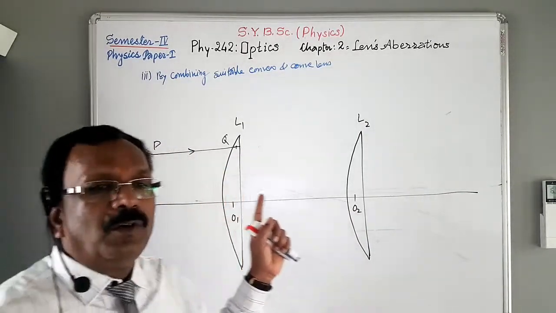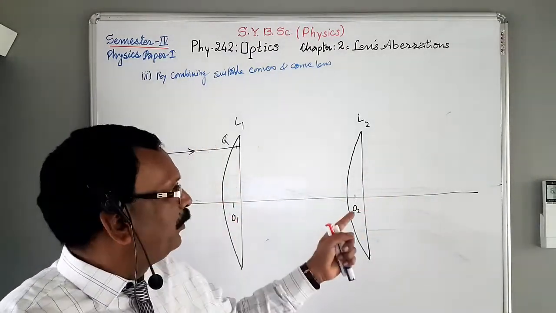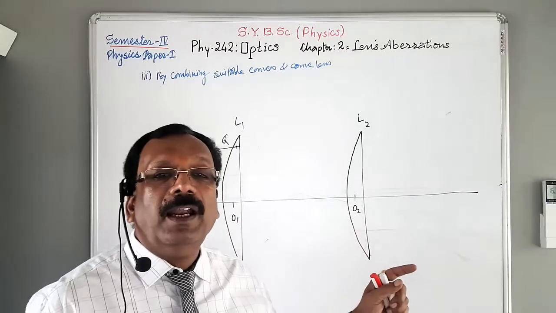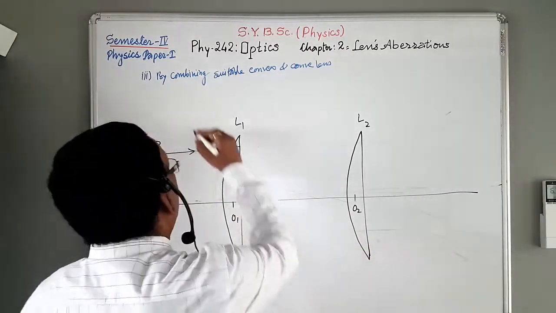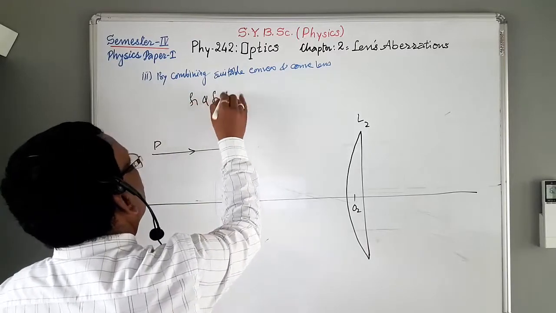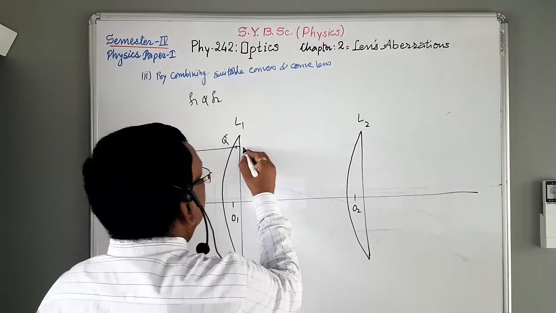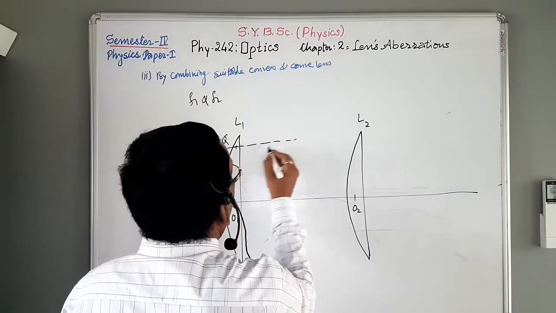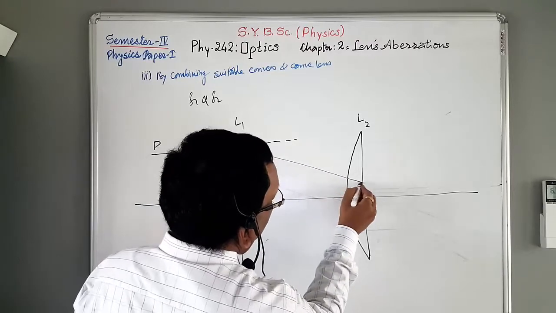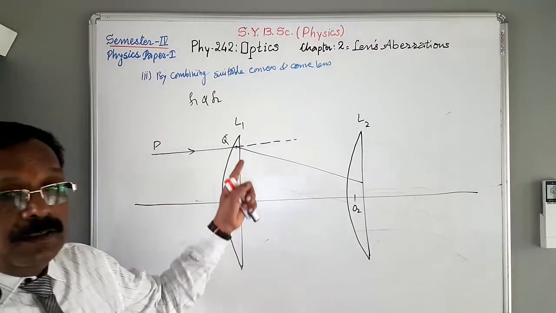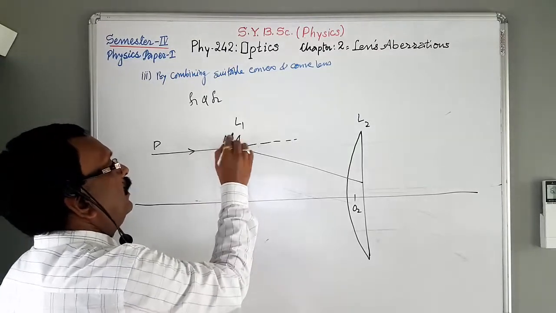If we consider two plano-convex lenses L1 and L2 having optical centers O1 and O2, and focal lengths f1 and f2 respectively. f1 and f2 are the focal lengths of lens L1 and L2 respectively. See here. PA is the incident ray.